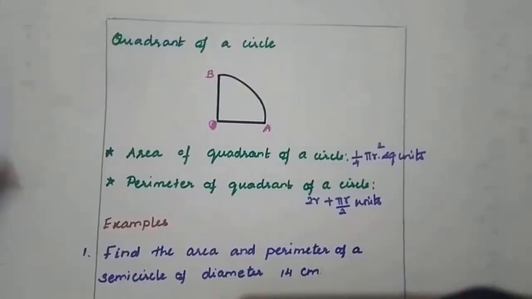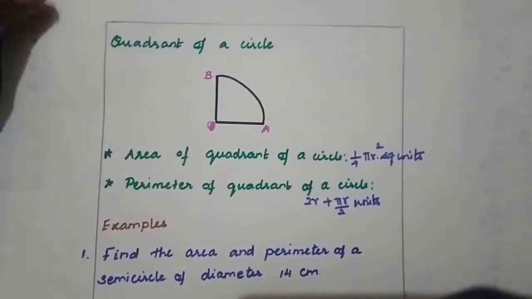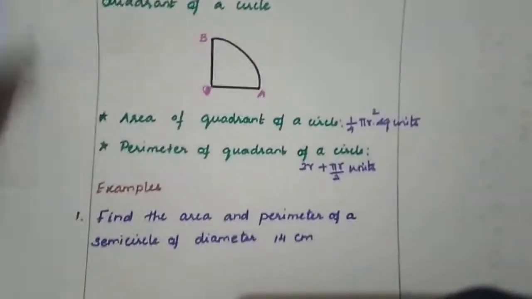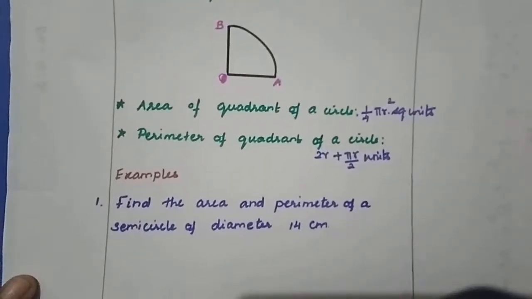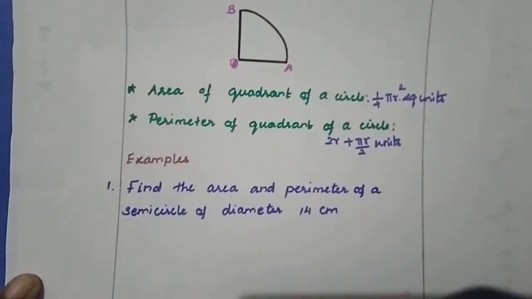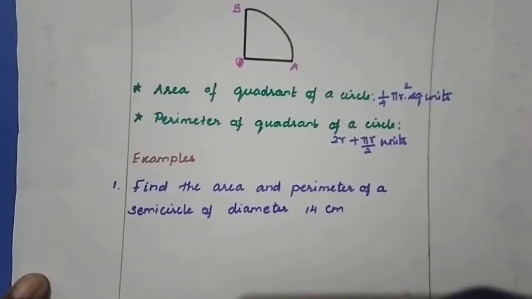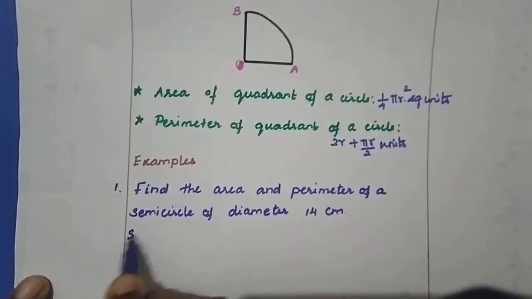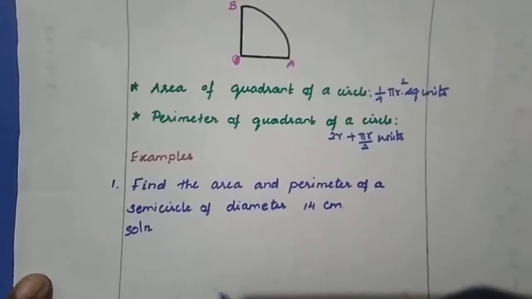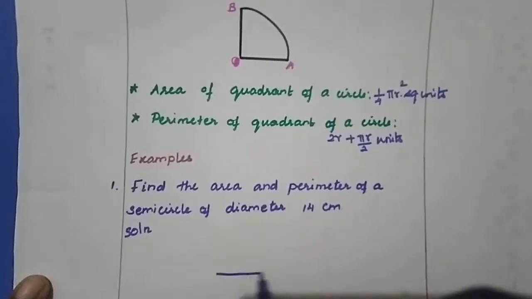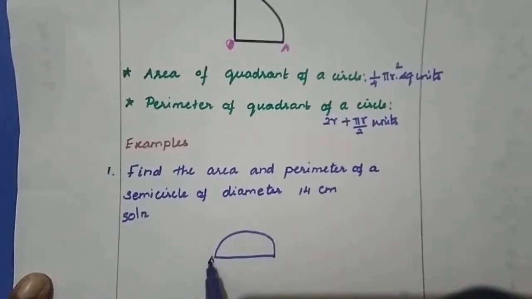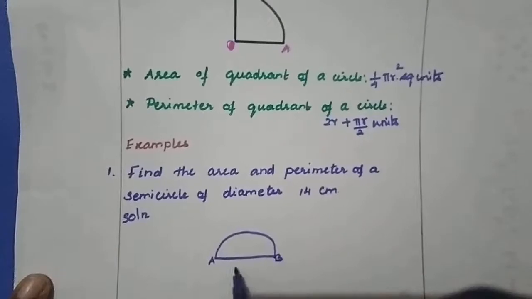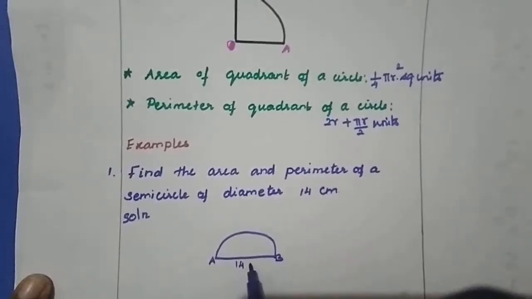So let us solve the examples. The first one is, find the area and perimeter of a semicircle of diameter 14 centimeter. So this is a semicircle. They given us like this, and the diameter is given as 14 centimeter.